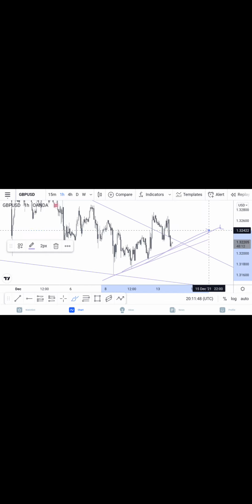I can expect that somehow price will drop. So I can have a tight stop loss beneath my 38.2 Fibonacci level just to protect myself, because I see something going on here which, if we are not careful, could take us down. So yeah, that is it.